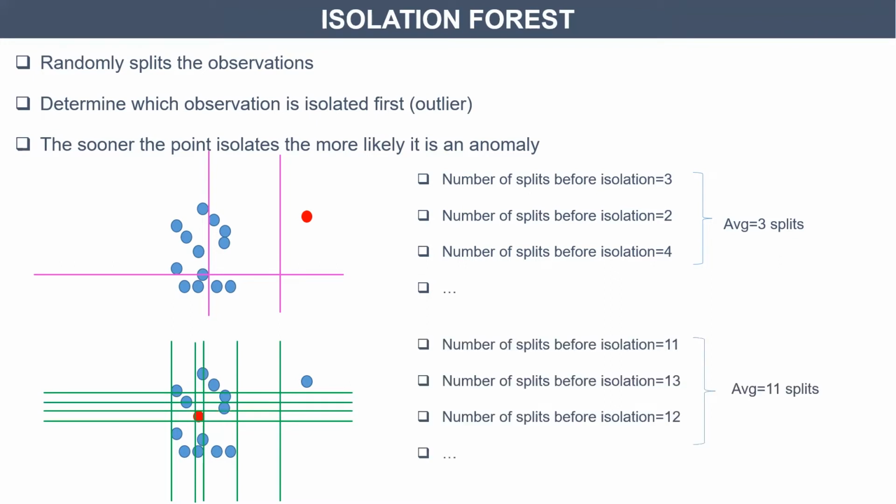So the number of splits would be much higher than the previous one. Once that number is much lower, it is more likely that this is an outlier, or an anomaly. So that is the idea behind this.